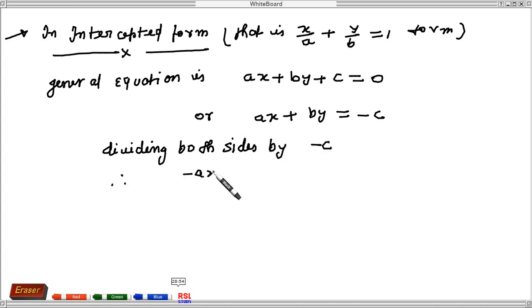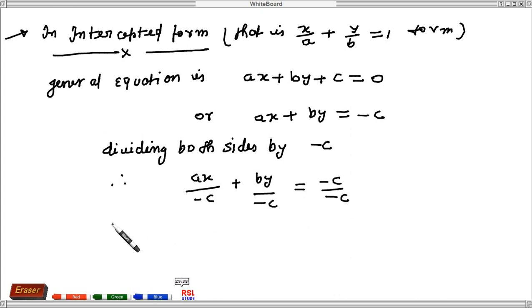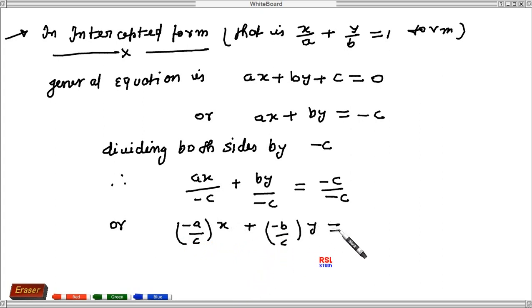Hence we get ax by minus c plus by by minus c equal to minus c by minus c. This can be written as minus a by c into x plus minus b by c into y, equal to 1.